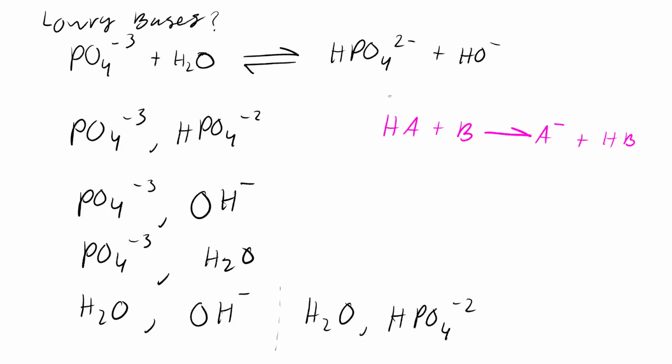Right. In this case, when we compare HA with our A, we notice that we got rid of a hydrogen. Something that gets rid of a hydrogen is an acid. So that's acting as my acid because ultimately we lost a hydrogen. And something that receives the hydrogen is a base.